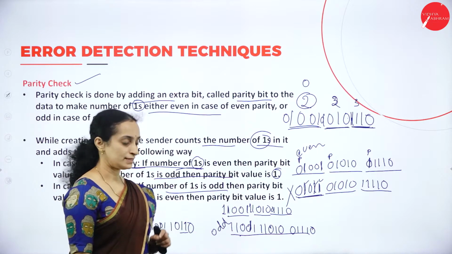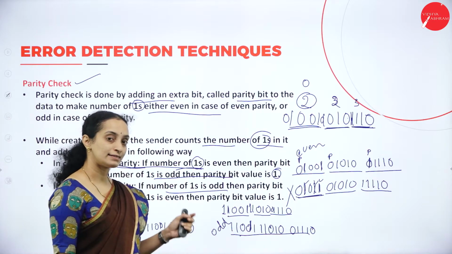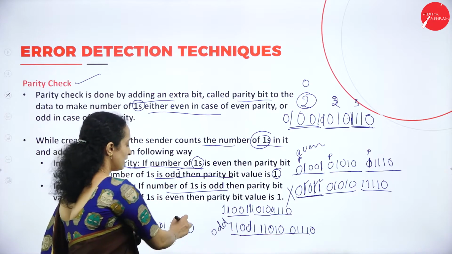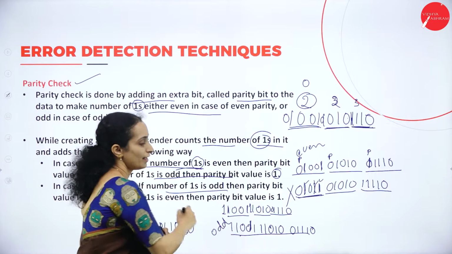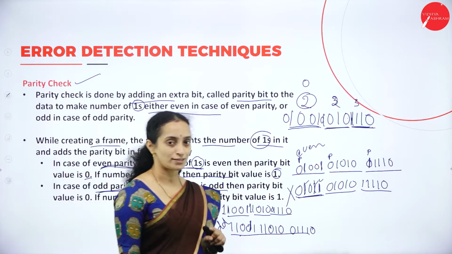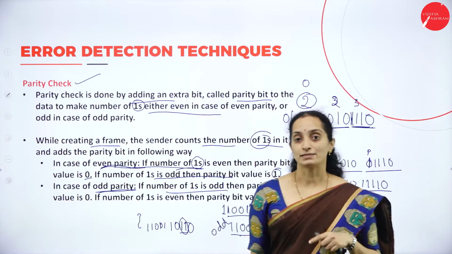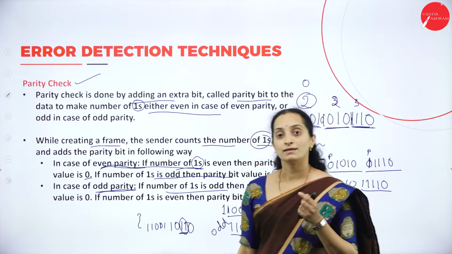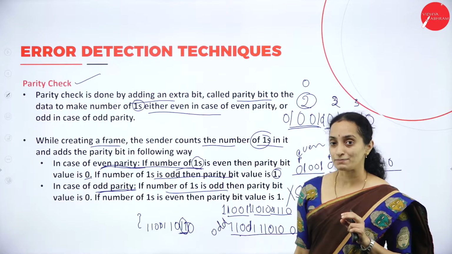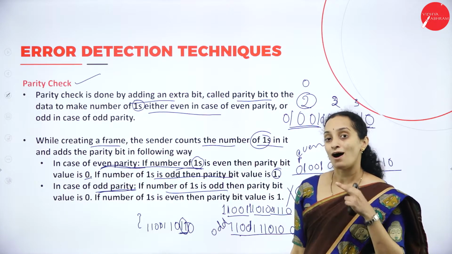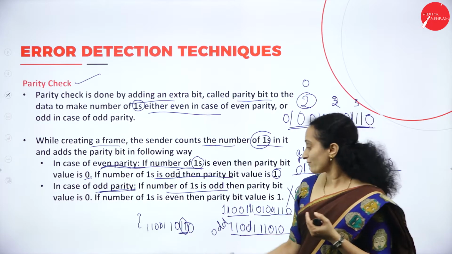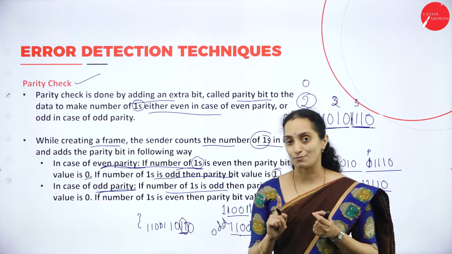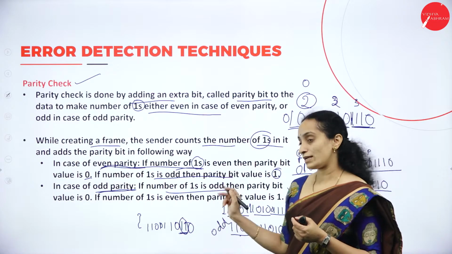receiver method or technique receives and checks the number of ones, it will be an even number only, even number of ones only. But it has been changed 2 times, 2 bits have been changed. But the restriction of the parity bit is it cannot recognize how many bits are changed. It will check for only the total number of bits or total number of ones.